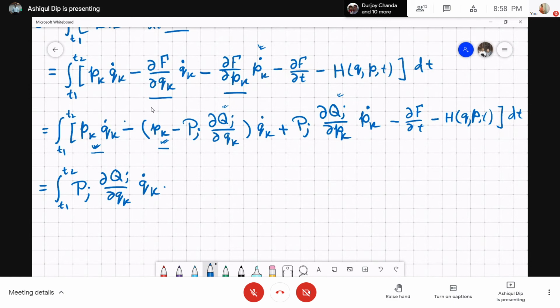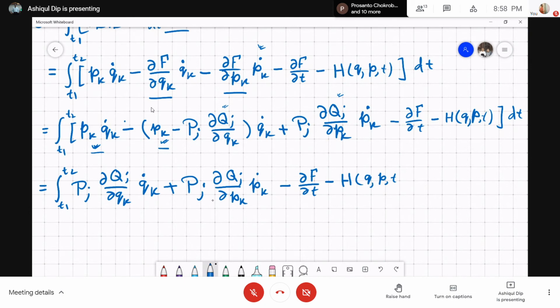And then we have plus big P_j del big Q_j by del p_k, p_k dot. And then we have minus del f by del t minus H, which is a function of q, p, and t, dt. We can write it like that.